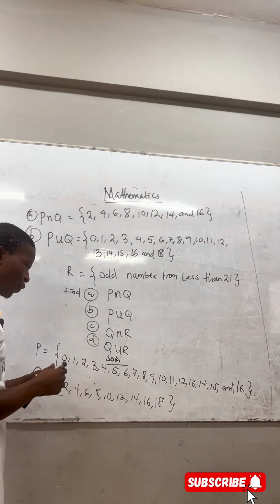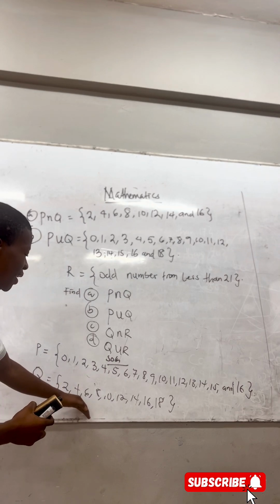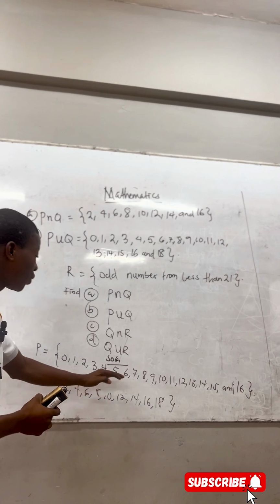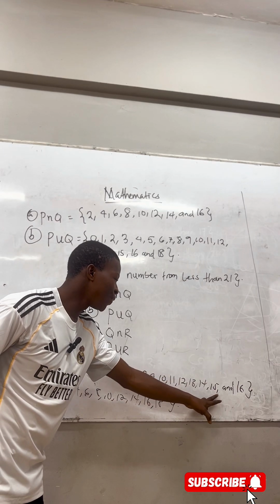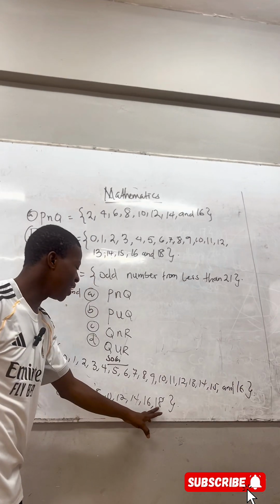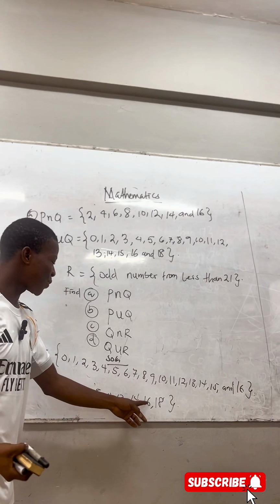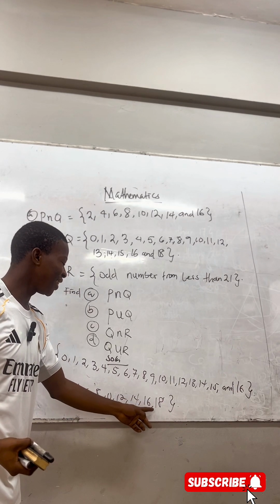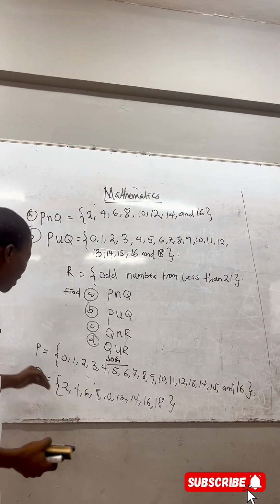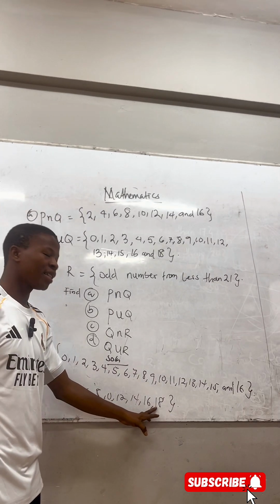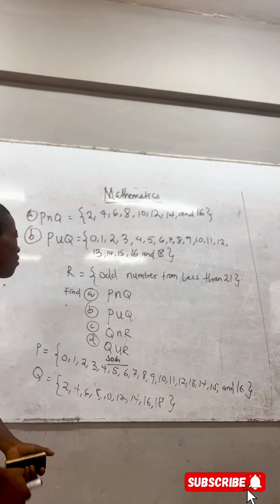Any number that is not found in either set, you shouldn't bring it here. For instance, you can see we have 15, 16, but here we have 18. My viewers may say that because there is 18 here, 17 has to come before 18. Per the definition of Q, this is how it's supposed to be, because 17 is not an even number.